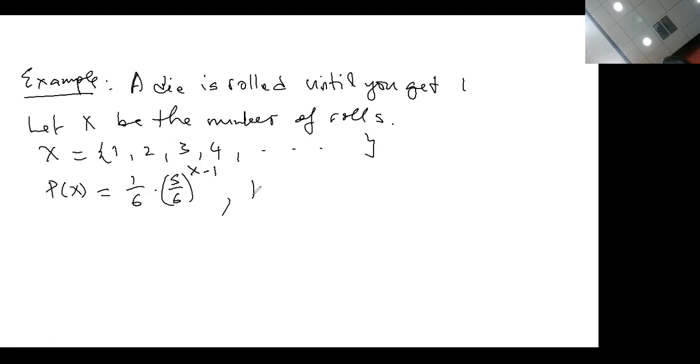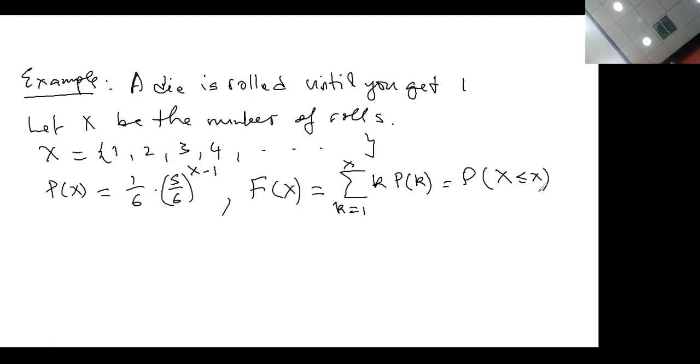So the cumulative distribution F of X is equal to the sum of, I will use K instead of X, K times P of K, from 1 to X. Actually, you know that this is equal to the probability that X is less than or equal to X. The probability that X is less than or equal to X is the definition of the cumulative distribution.